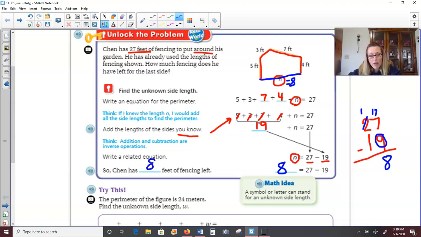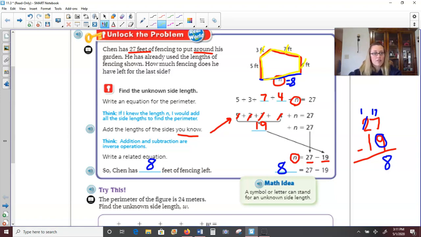Now, I'm going to ask you guys, how could we be sure that that answer is correct and that we didn't make any mistakes when we were adding or subtracting? Well, hopefully you're saying, let's go back and add up all the sides. Since we do know all of the sides now, let's see what we get. So I'm going to do 7 plus 3, and that makes 10.